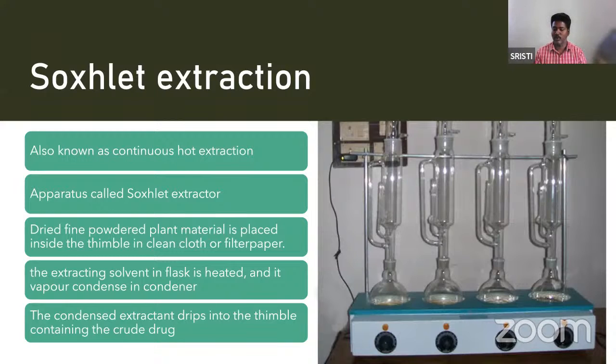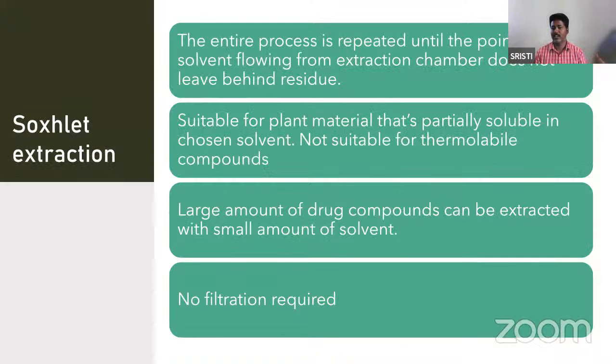And the extracting solvent is heated from the heating mantle situated below the round bottom flask. So the solvent evaporates and passes through the condenser, then it condenses down and comes in contact with your plant material. This process is repeated several times until all the extract is extracted.